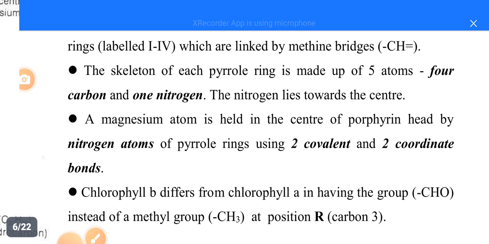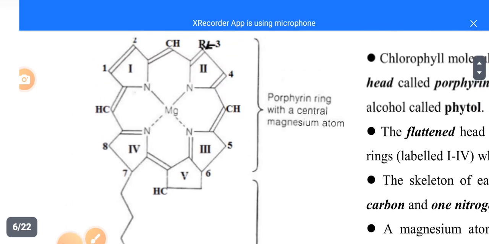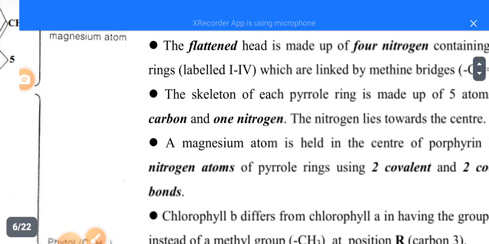So the magnesium atom is held in the center of the porphyrin head by the nitrogen atoms of the pyrrole rings using 2 covalent and 2 coordinated bonds. As you look here, the bonds holding those upper 2 nitrogen atoms are the ones we call covalent bonds, and the lower ones holding these 2 nitrogen atoms are called the coordinated bonds.